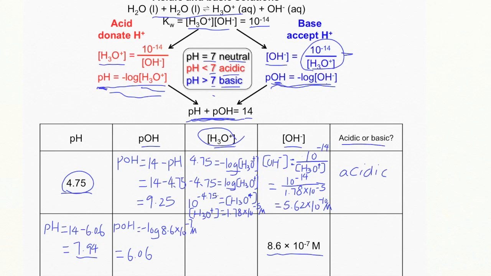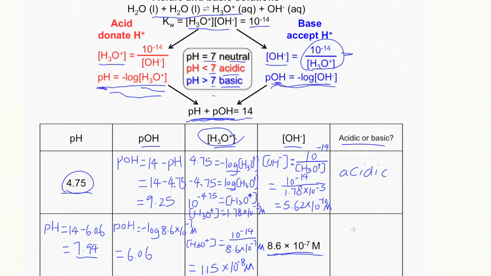Or since you already know the hydroxide concentration, hydronium concentration would be 10 to the negative 14 over the hydroxide concentration, 8.7 times 10 to the negative 7 mole per liter. Okay, so the answer is 1.15 times 10 to the negative 8 mole per liter.